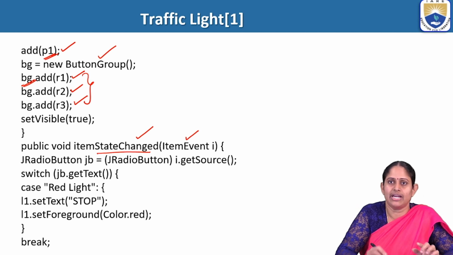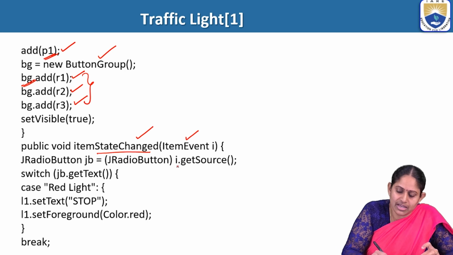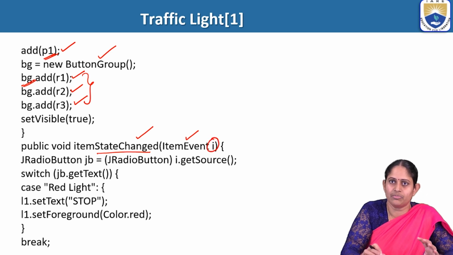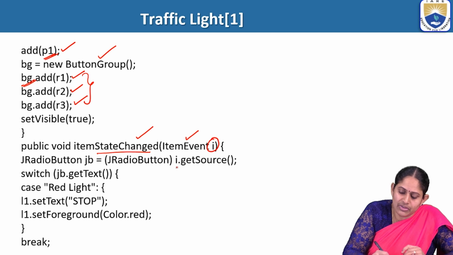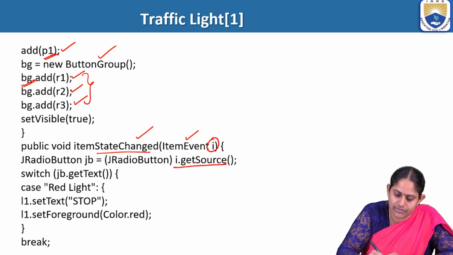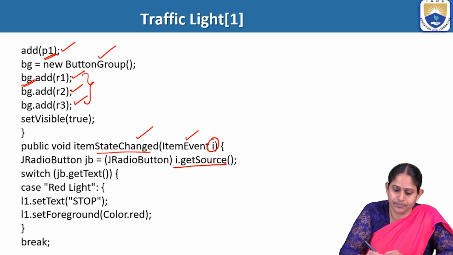When this method is triggered, we are defining some operations to perform. First we have to identify which radio button is being clicked. For that, an item event object was created. So we have to identify the source which created that event. For that, we call the getSource method.